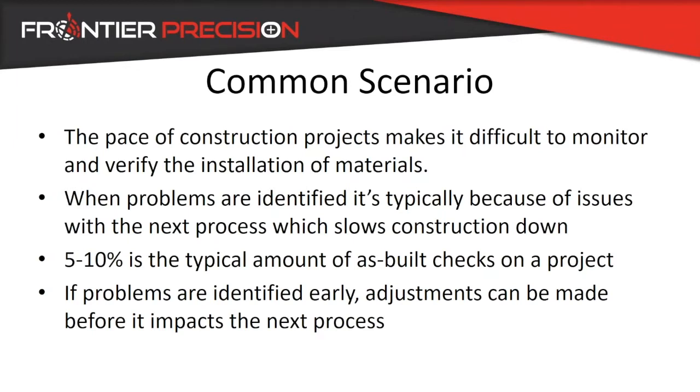If we can address the problems early, figure out where we're going to have issues, oftentimes we can make adjustments, whether it's ordering the steel differently with the bottom plate or moving a wall over, before it significantly impacts the rest of the process, typically in time and money. So it's really about early identification to help save the job a significant amount of cost.